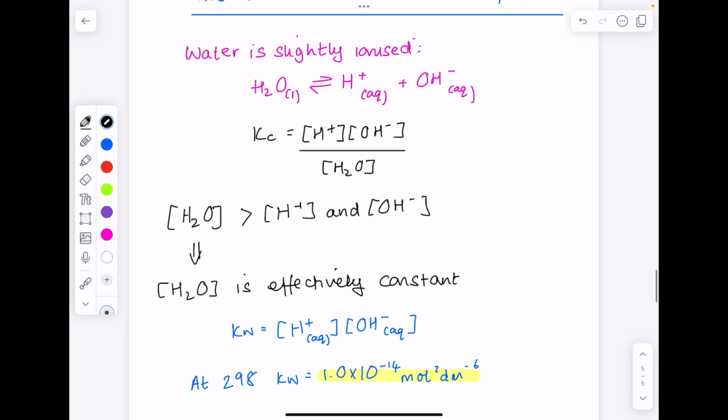Now, one thing to be aware of is that the dissociation of water into its ions is an endothermic reaction, so delta H is positive, and what that therefore means is that if you were to increase the temperature, it favours the forward reaction, so the position of equilibrium shifts to the right, and what that has a knock-on effect of is meaning that the value of that ionic product of water, Kw, increases due to the increased concentration of H+ ions and hydroxide ions.